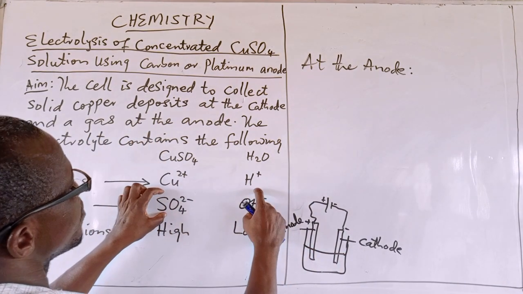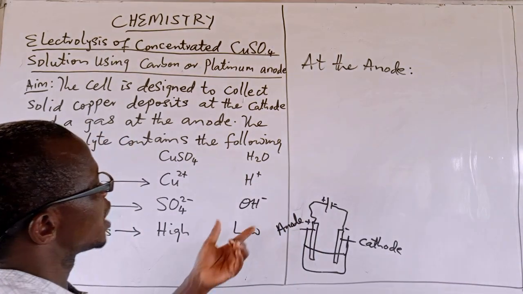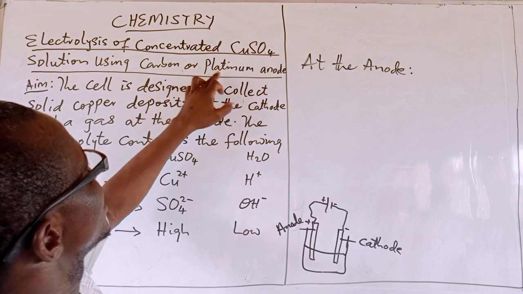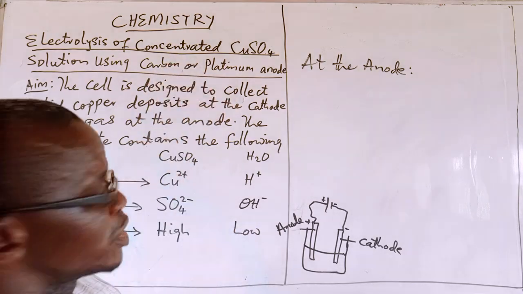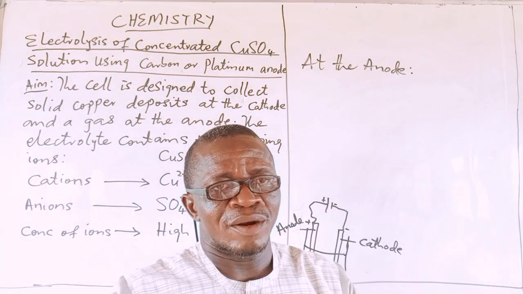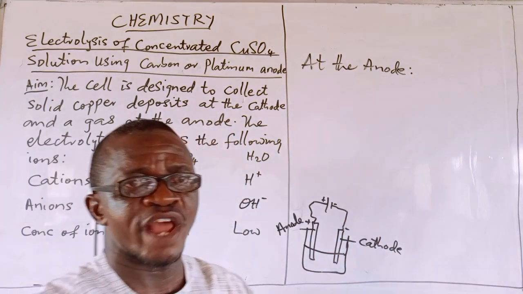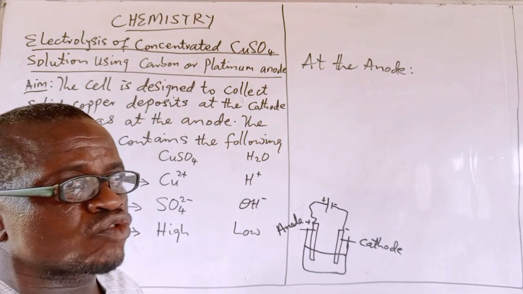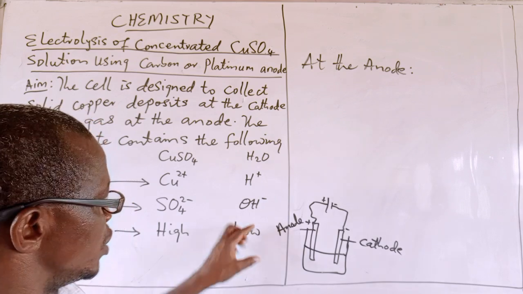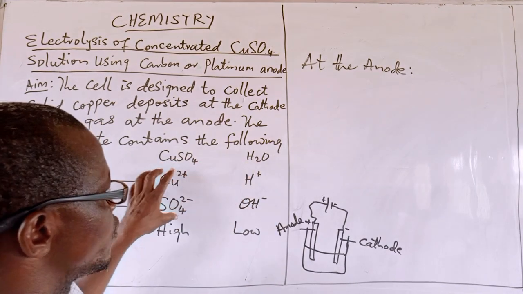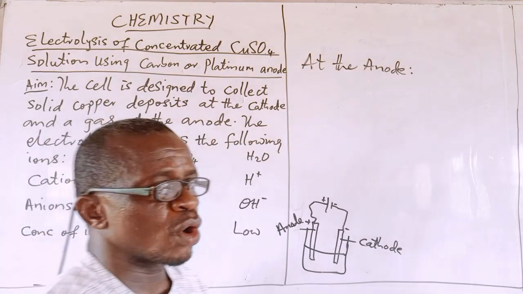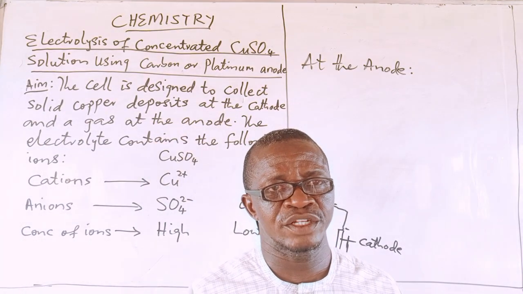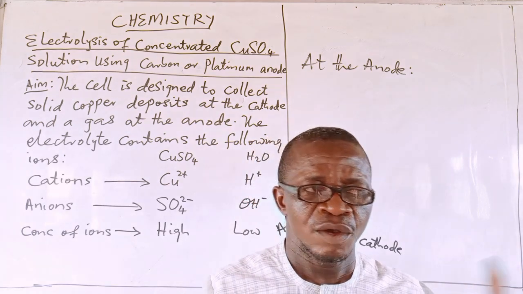Now, when two of them migrate to the anode, since we are using platinum or carbon electrode, they are non-reactive. They will not influence the discharge of ions. So it will just be neutral to the decision. Then the ions will struggle over which one will be discharged in preference to the other.